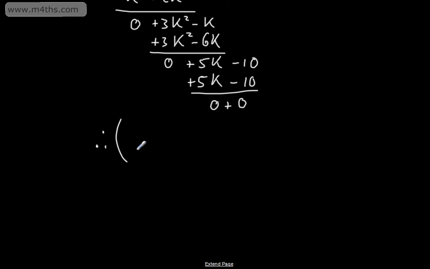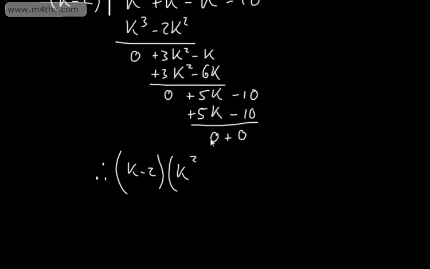Therefore, we can say now that k minus 2 multiplied by the quadratic, which we've just found, which is k squared plus 3k plus 5, is equal to 0.